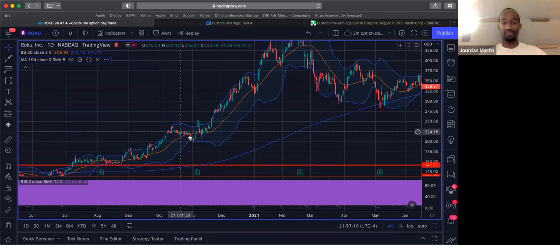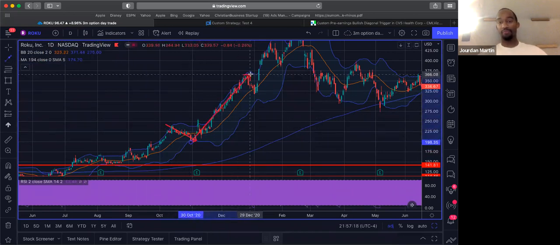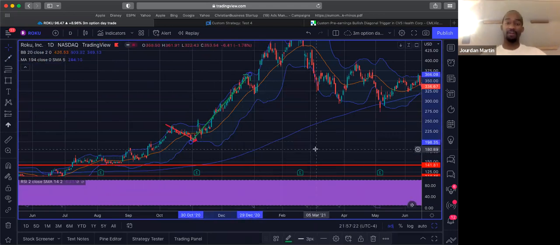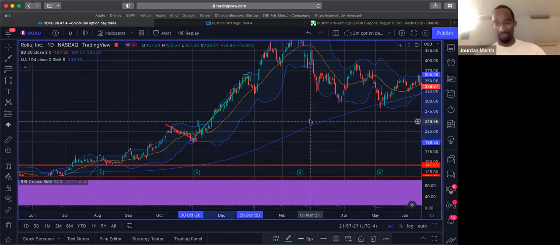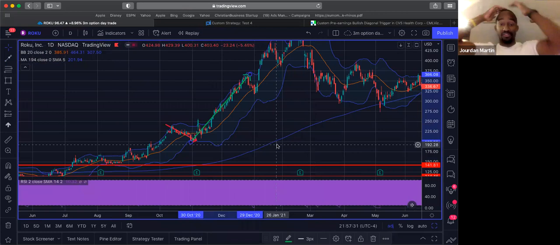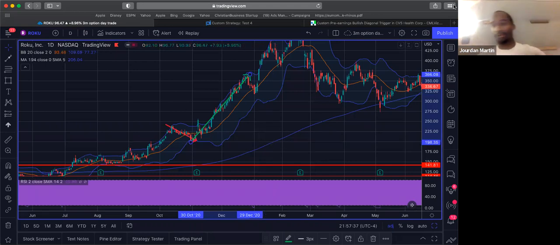Yeah, you can catch this move down right here, right? Cool. Could. But there's a lot more money in this move up. And it's more likely to have that move up because it's in an uptrend, right? So there's your simple example of a manual backtesting strategy you could use on SPY or, well, this is Roku. But you can apply these things across different stocks and see what your results are.